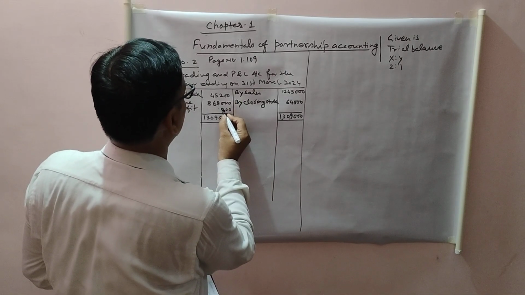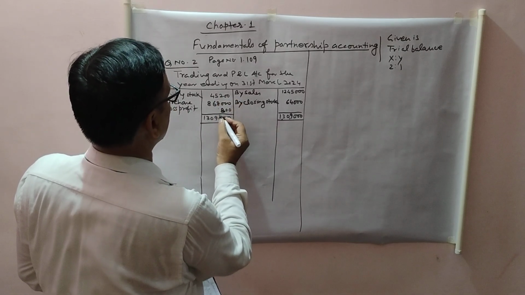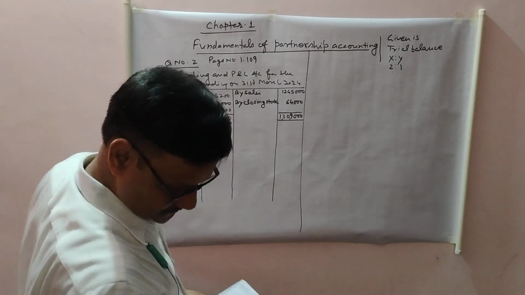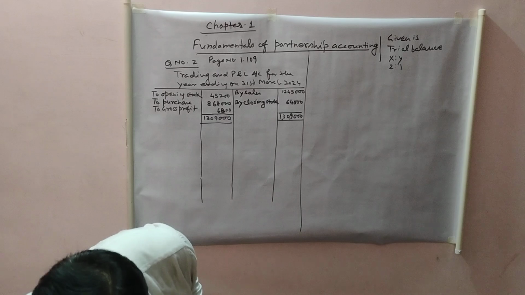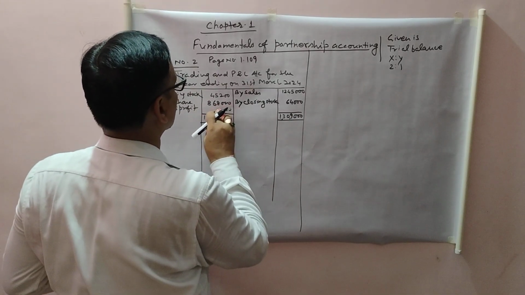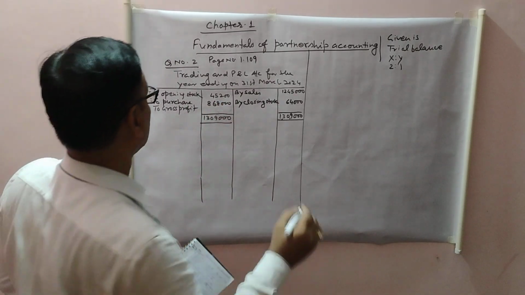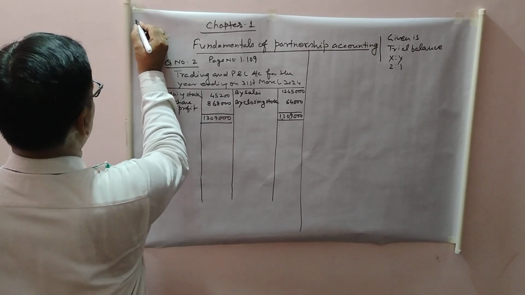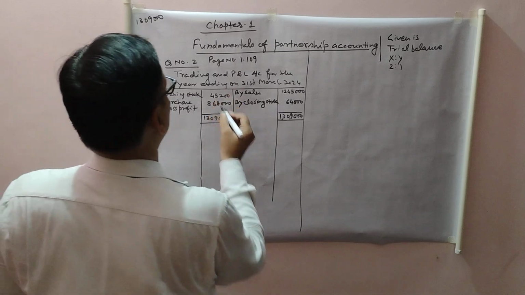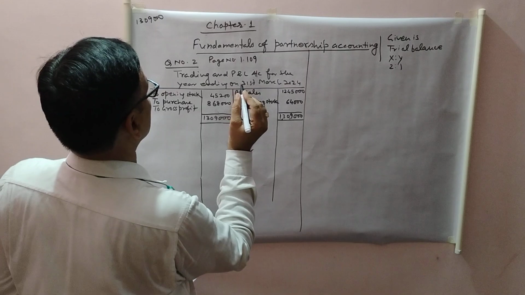Let us do the calculation here. 13,09,000, and what is this total? 9,13,200.